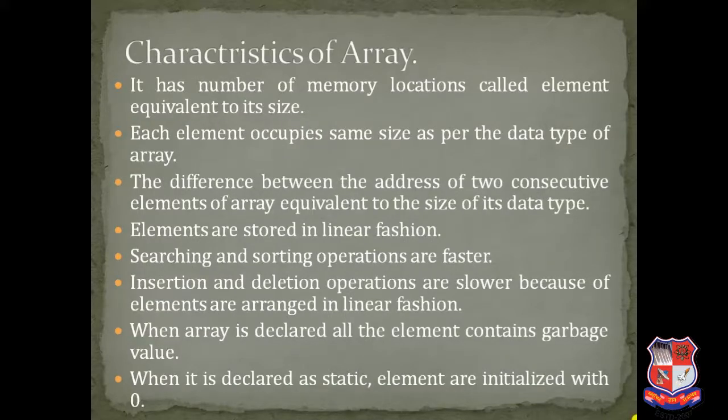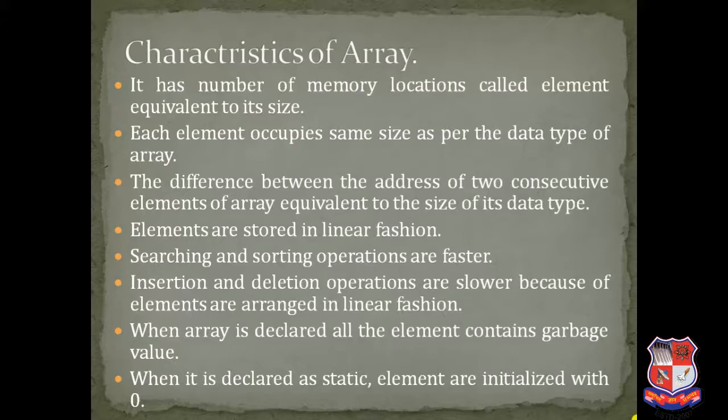Characteristics of array. It has a number of memory locations called elements equivalent to its size. If we are creating an array of integers, then we can say that the size of each element will be 2 bytes. Again, it depends upon the compiler. Each element occupies the same size as per the data type of array.